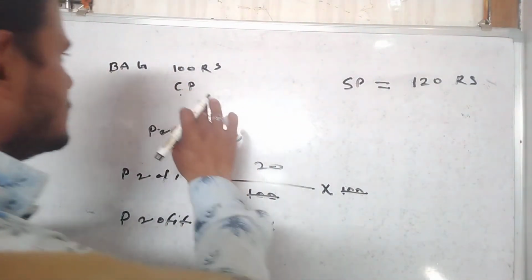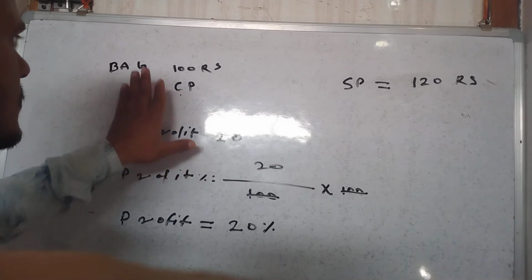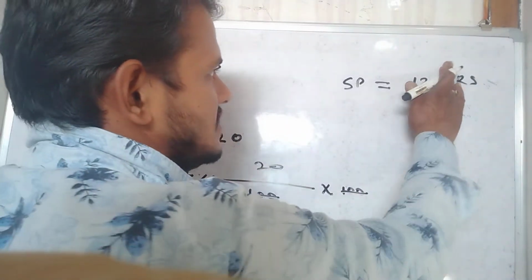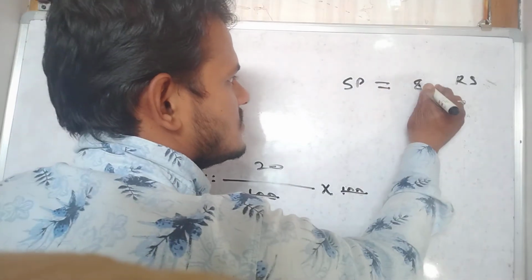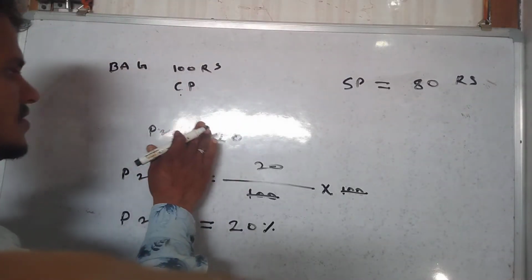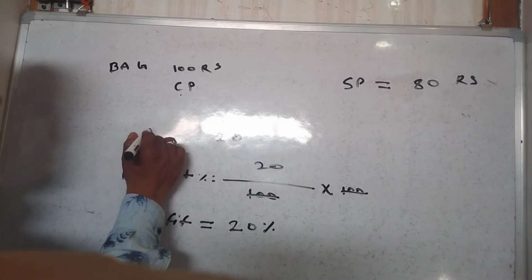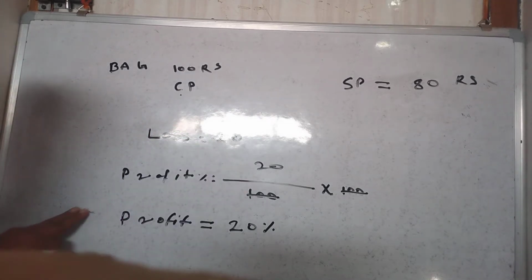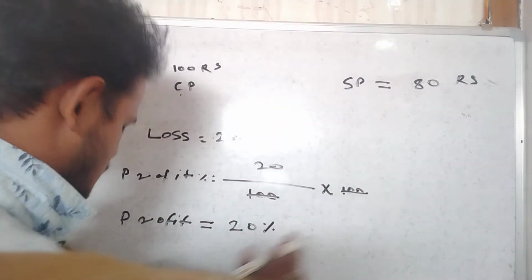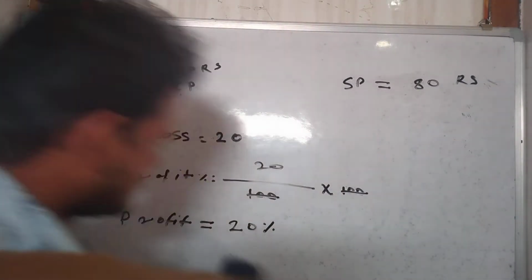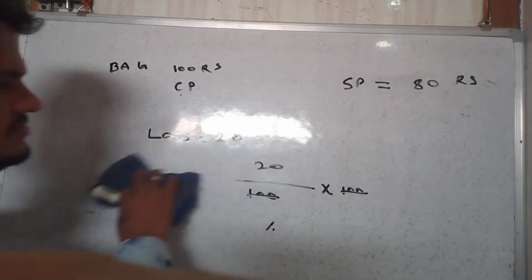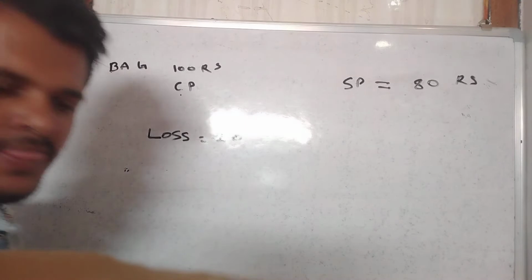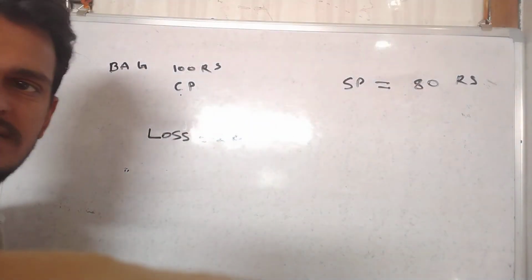If you bought a bag for ₹100 and you sold it at ₹80, you lost ₹20. Your loss is ₹20. And what will be the loss percent?